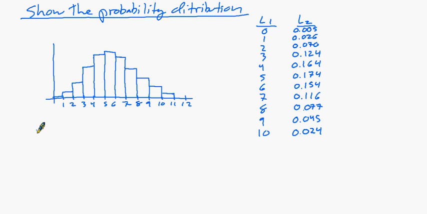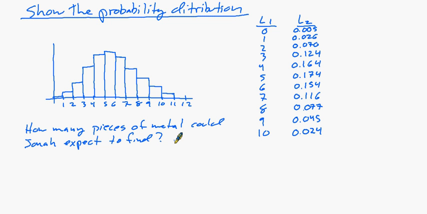Now, interesting question might be, how many pieces of metal could Jenna expect to find? We're now talking about expected value, which is mu, which for Poisson distributions is very easy. Expected value is the same as lambda. And the variation of the probability distribution is the square root of lambda.